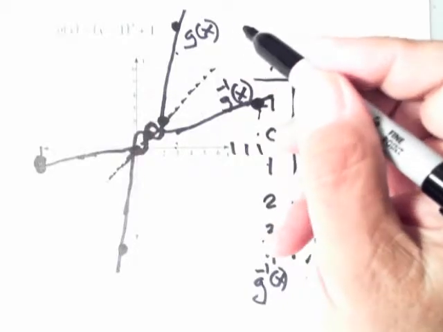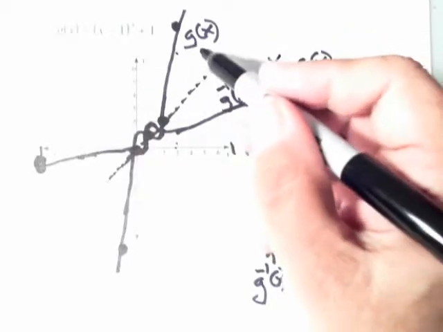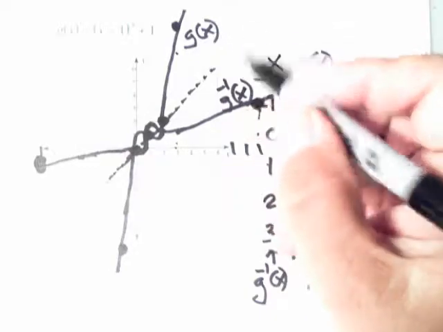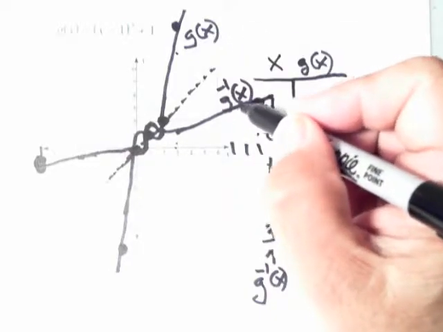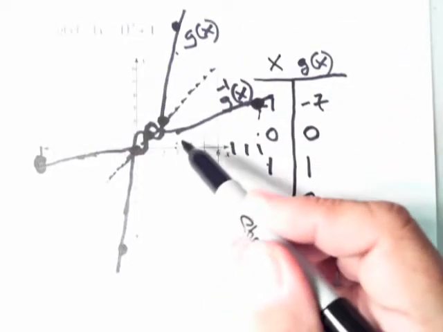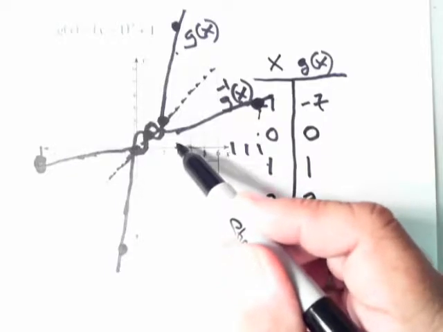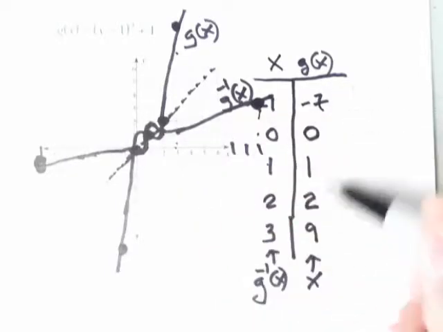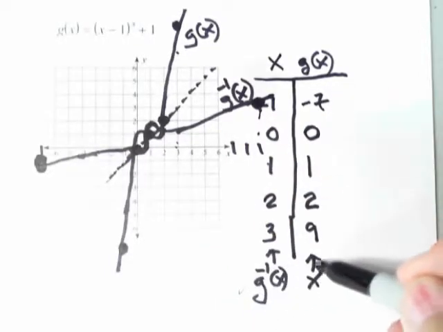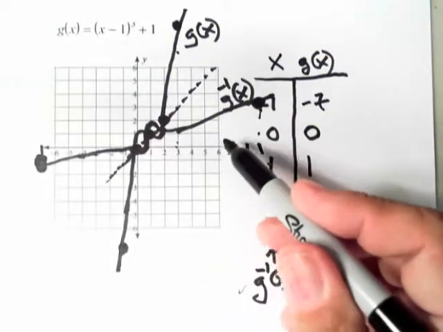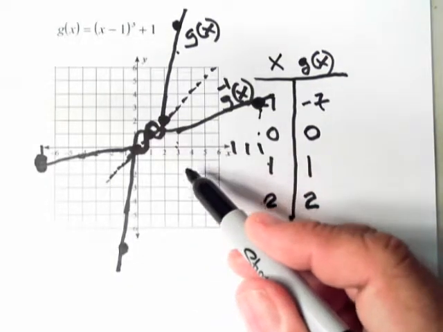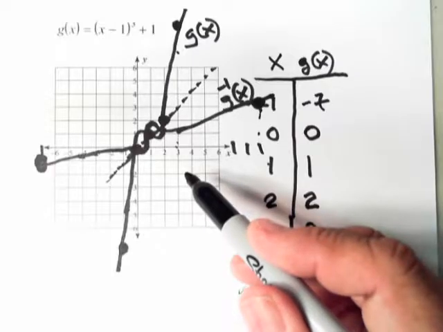But anyway, there it is. This is the original function, g of x, and this is the inverse, g negative 1 of x. And if you wanted to see the graph, here's how you do it. Graph the original guy, interchange the x and y roles here, replot it, and there is your function that's the inverse.